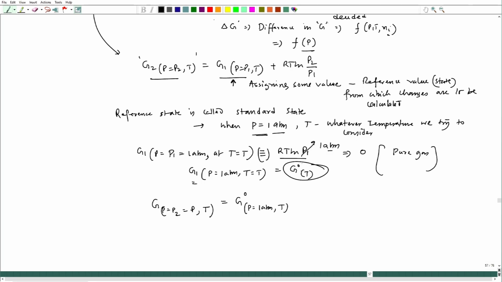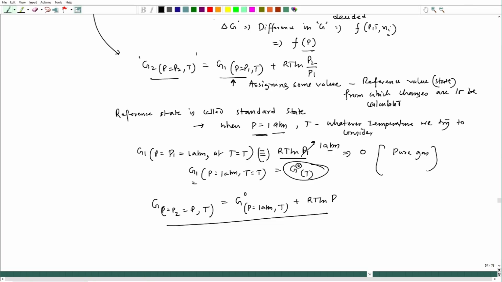So, the standard state is given as a small 0 as a superscript, and that becomes standard value, standard state, plus RT ln P. Okay. So, why are we taking P1 to be 1 atmosphere? We could have taken P1 to be 2 atmosphere, we could have taken P1 to be 3 atmosphere. So, it is basically a reference value. Accordingly, we can measure this RT ln P2 by P1, fine.